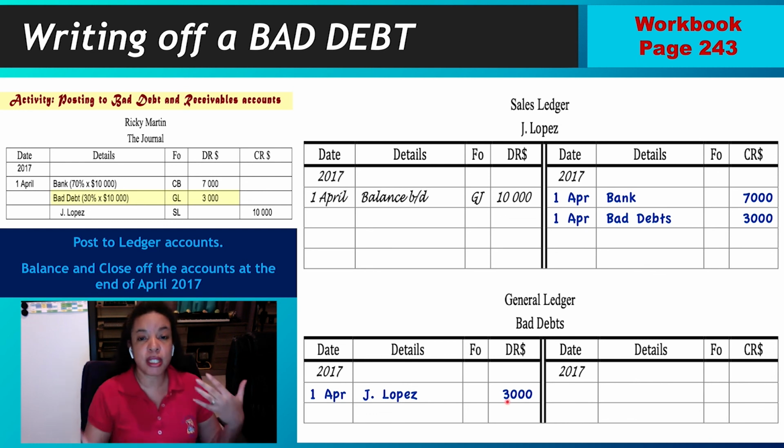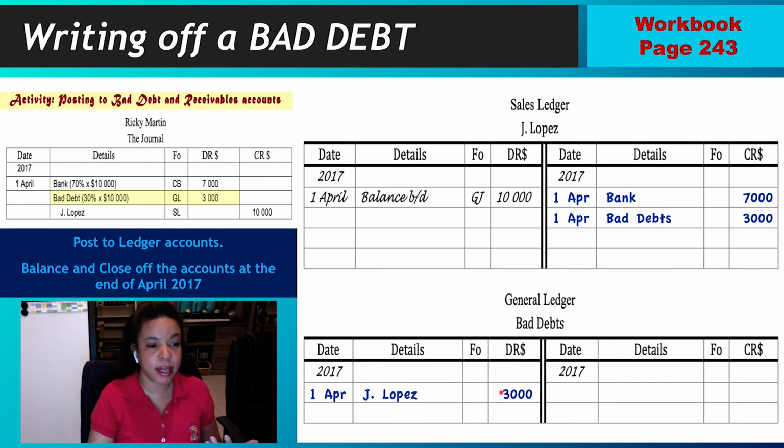So we will come to the end of the period, because we said here, balance and close off the accounts at the end of April. So let's just stick with the bad debts. The end of April is only 30 days, so it will be the 30th of April. Where are we sending it to? Income statement. So you're going to write income statement.